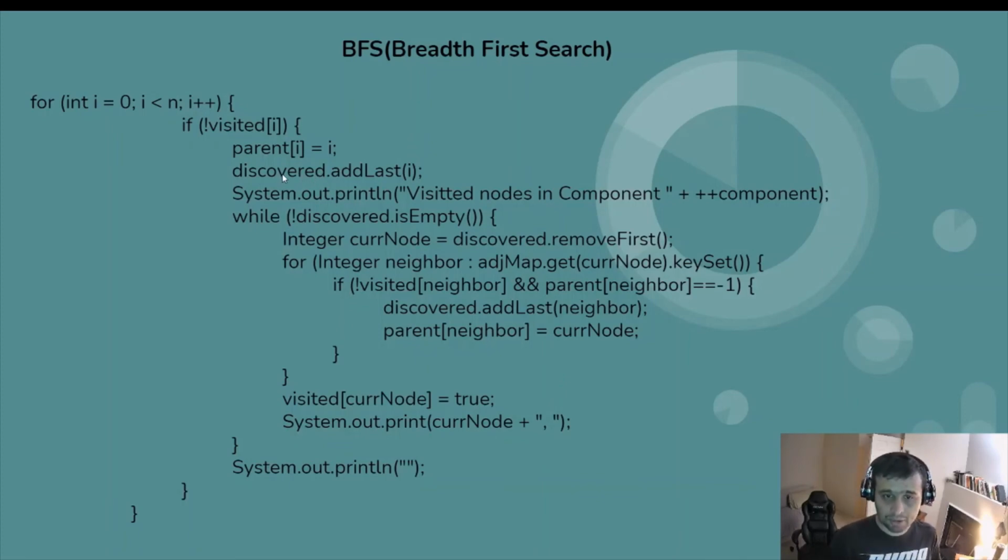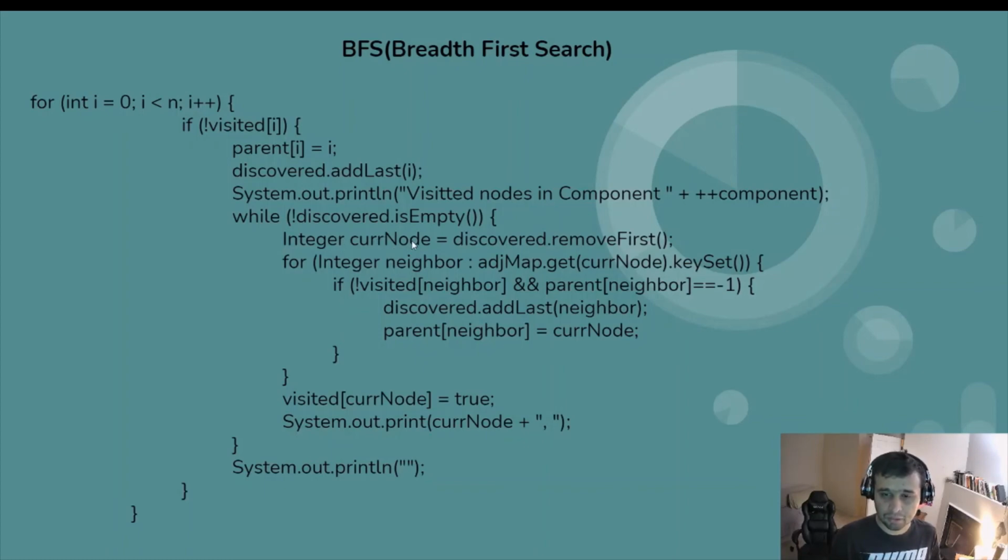Once it is in the discovered queue, we will loop inside the discovered queue until it is empty, until the size of the queue is 0, and we will check this condition in the while loop.